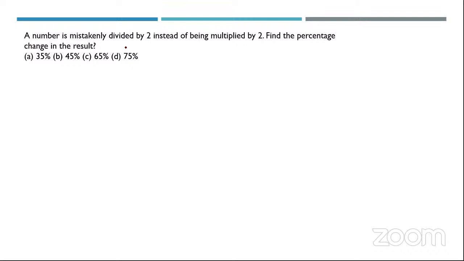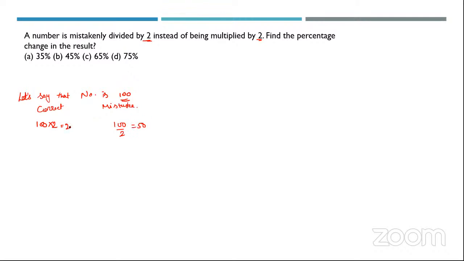A number is mistakenly divided by 2 instead of being multiplied by 2. So let's say the number is 100. We were supposed to multiply it by 2. So that's correct. But what mistake have we made? We have divided it by 2. So you will get 50.